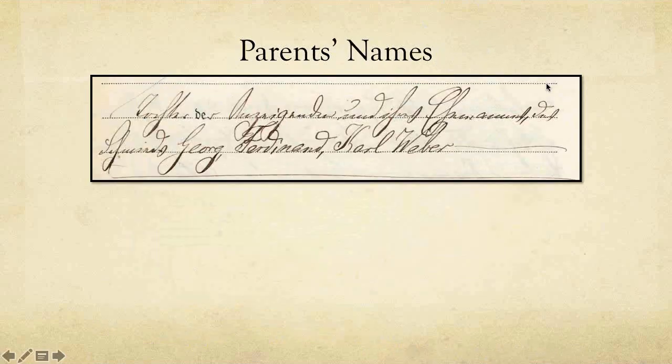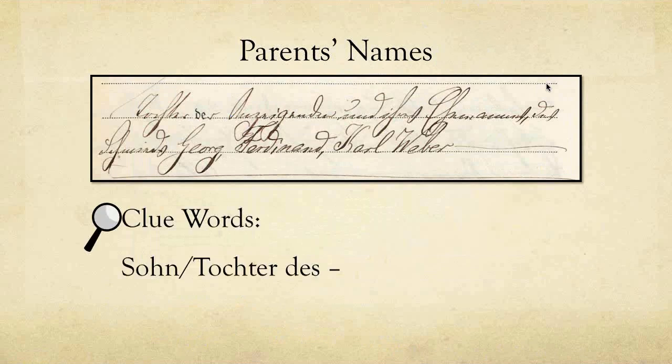Then we will get the parents' names, and I bet you might be able to remember which word we need for the parents. If you said des, very good job. Remember, our des means of, and it's going to be Sohn des, son of, or Tochter des, daughter of, the parents' names. So son or daughter of.